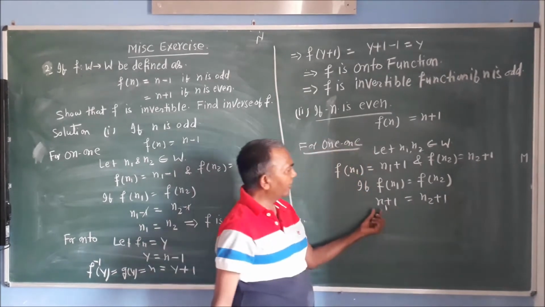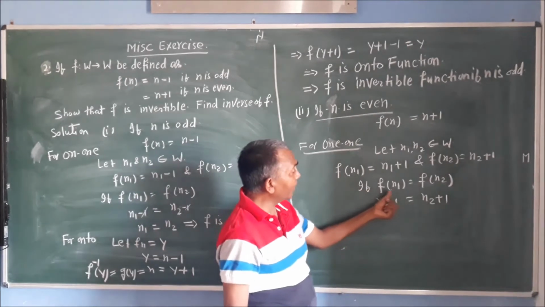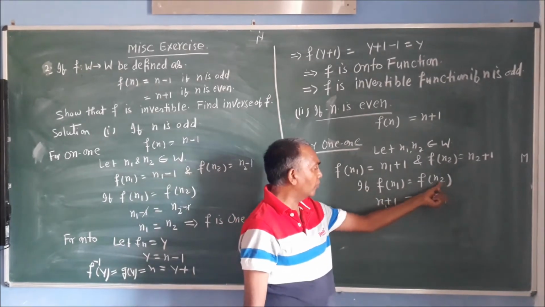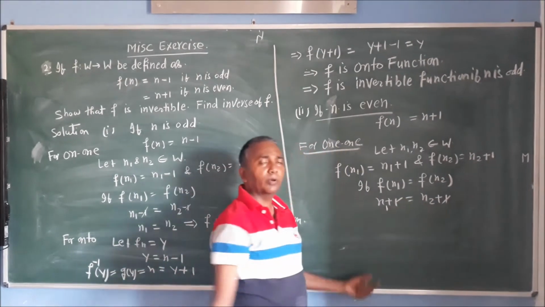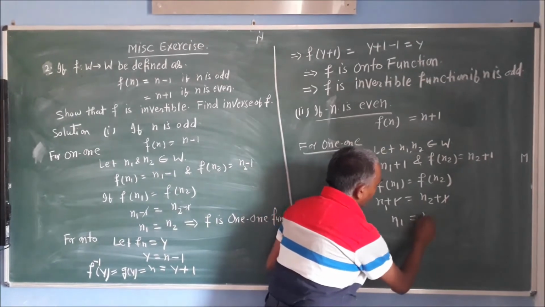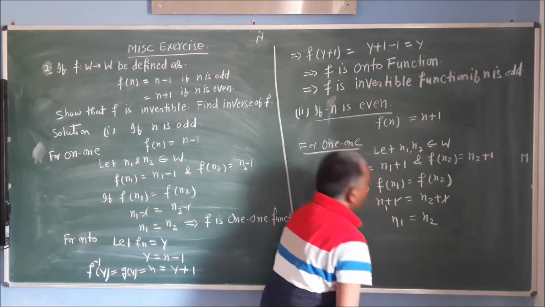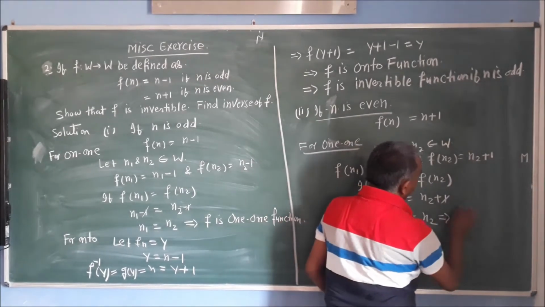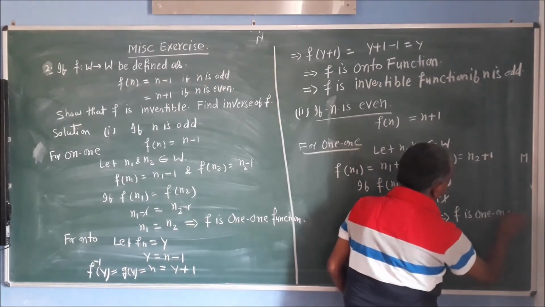The 1 and 1 will be cancelled. So we have shown that n1 is equal to n2, which implies f is one-one. So our function is a one-one function.